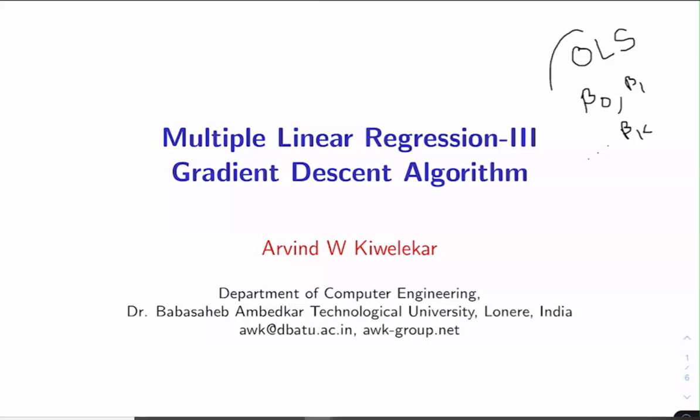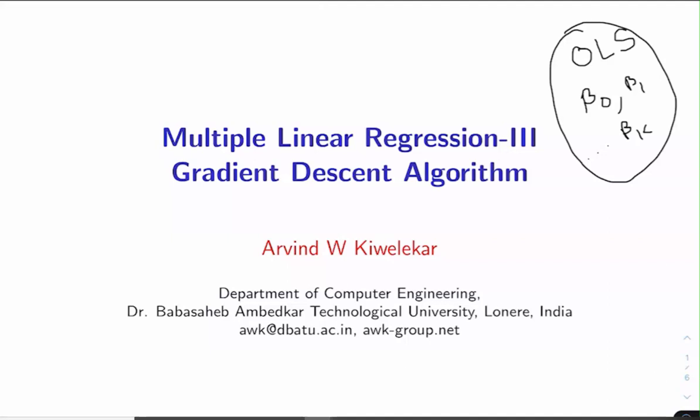The approach that we have seen was called the ordinary least square method, which is basically based upon various kinds of operations in linear algebra. I explained the OLS method by giving one example and the equation.